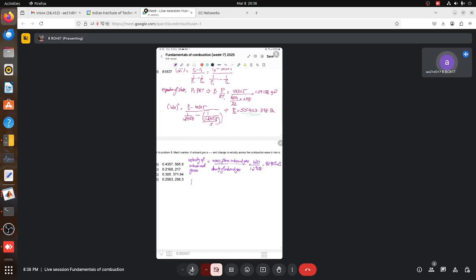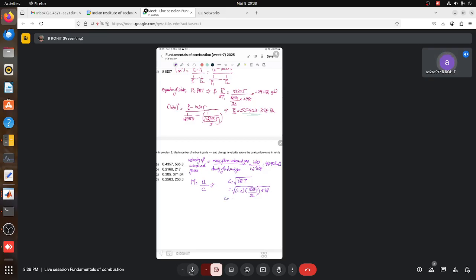Now you are asked to find the Mach number. So Mach number is nothing but velocity by speed of sound. Now you need to know the speed of sound here. C can be written as square root of gamma R T, and gamma is given as 1.2, and R is nothing but 8314 by 32 because it's unburnt gas, and a temperature of 298.